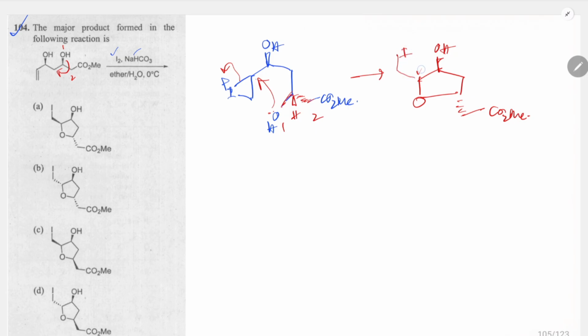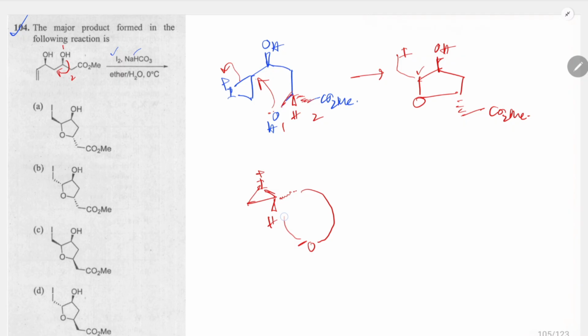Now we have to determine the configuration of this center. Suppose this is the iodine center. This is in the plane, hydrogen up and down side containing this whole ring system, and its final end contains O minus because base is given.